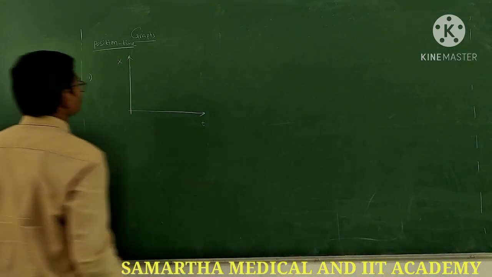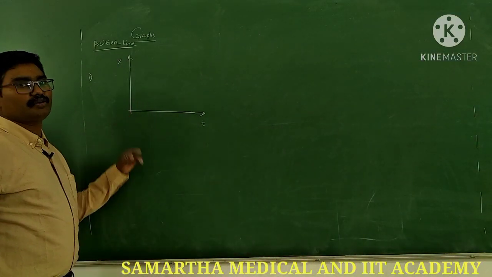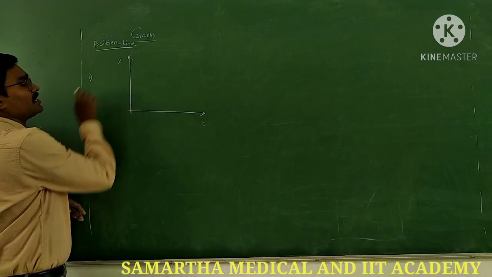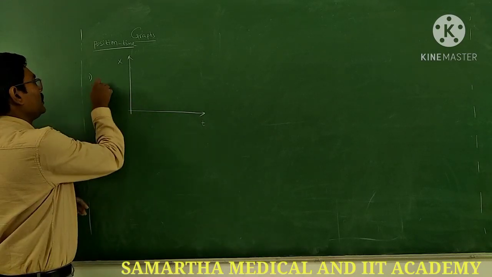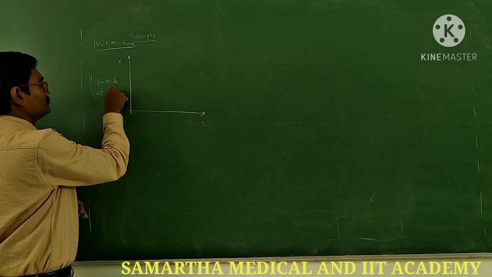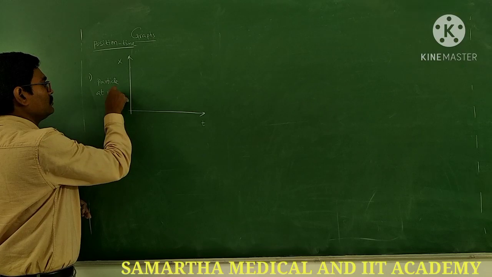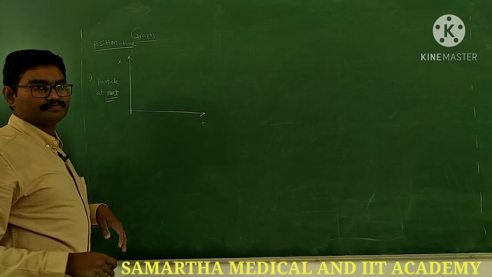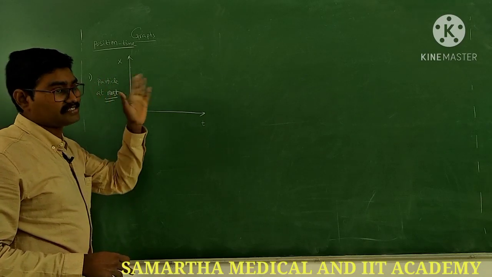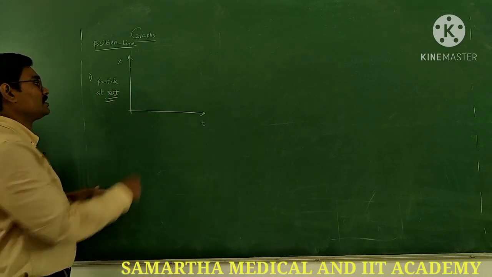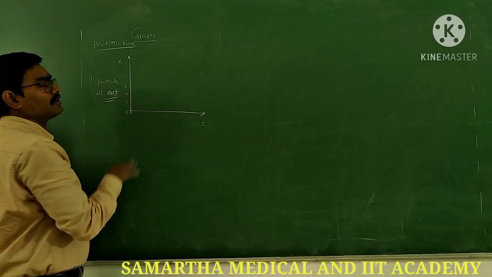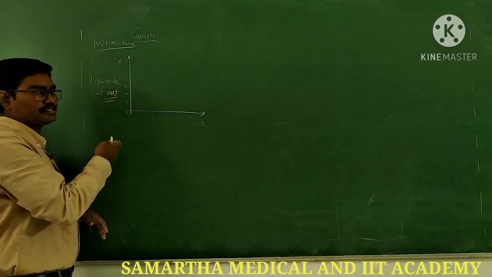Right, so now the position time graph. Suppose the particle is at rest. So the position of the particle is not changing. 0, 1, 2, 3, like that the time value changes.